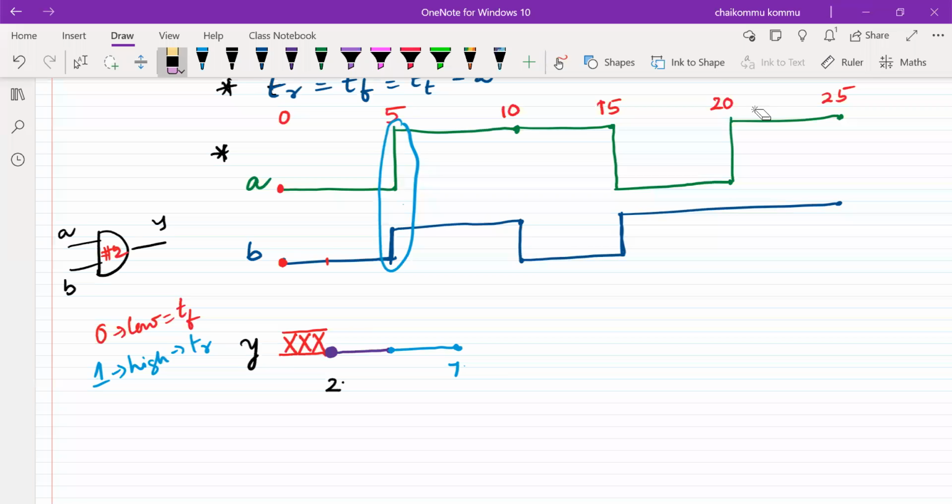Then only the value will be logic 1. Clear? So up to this point, 2 nanoseconds of delay it is waiting. So it is taking the 2 nanoseconds of time. Okay, then only it is rising.